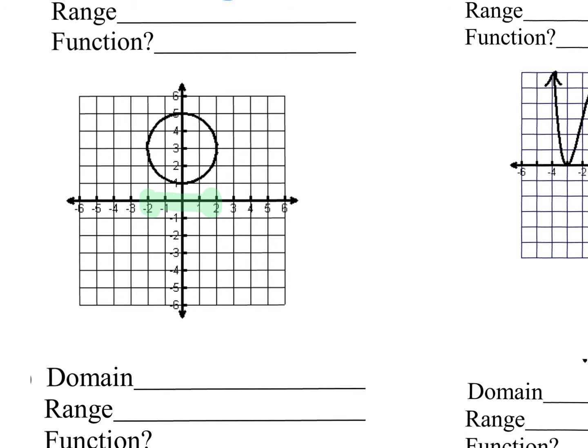Now, let's switch over to range. If I do range, the circle only exists from 1 to 5. Those y values only. So let's look at this. Again, it's a between. There's a clear beginning and ending.